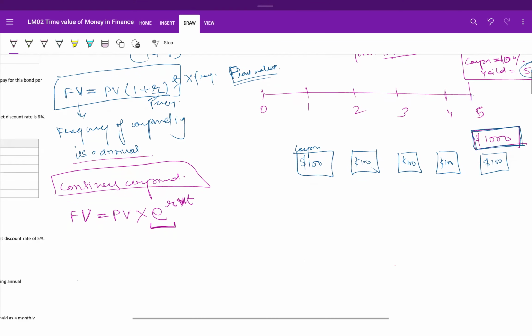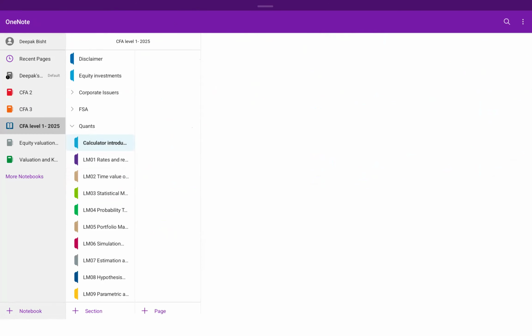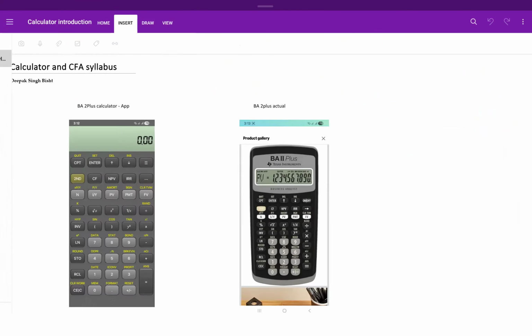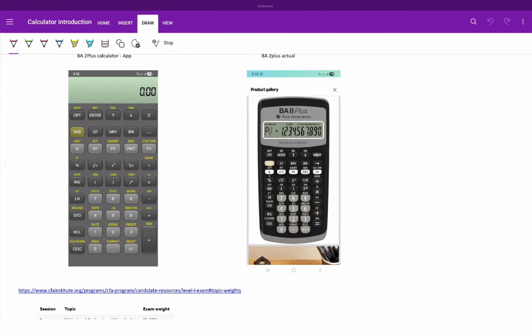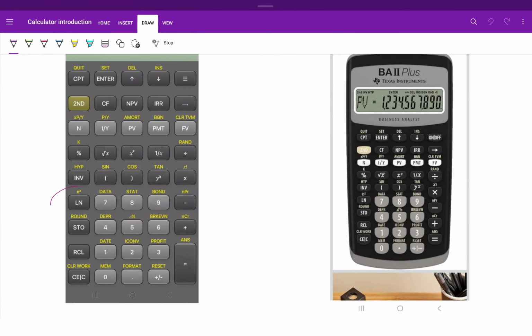Let's not talk about this because this is just going to confuse you. We actually have a function in our calculator, e to the power x. We can use it. We click on second first, then click on this number, so we are able to access e to the power x.